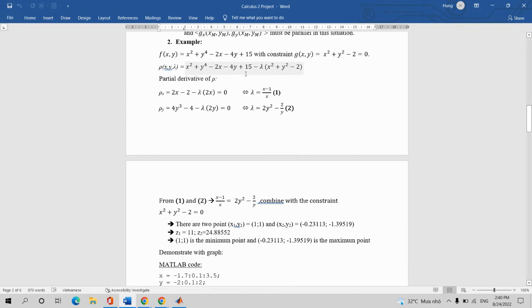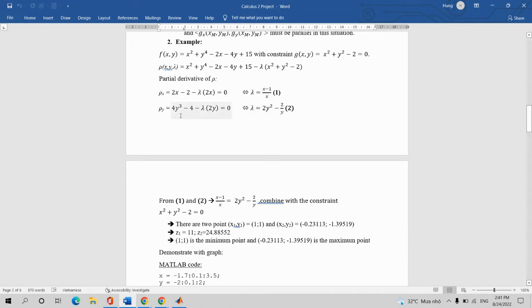So the partial derivative of P, we got Px equal to 2x minus 2 minus lambda multiplied by 2x equal to 0. So we got lambda equal to (x minus 1) divided by x.